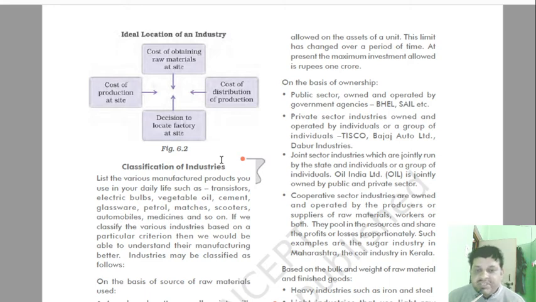Private sector industries are owned and regulated by individuals or groups of people, like TISCO, Tata Iron and Steel Company, Bajaj Auto Limited, Mahindra, Dabur. There are numerous kinds of private industry.